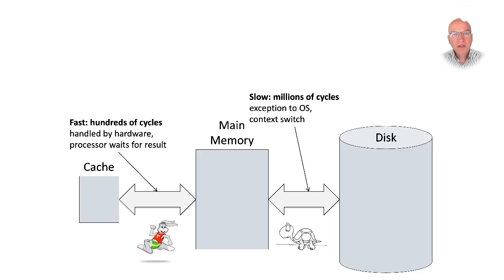A context switch means that the program that's currently running will stop running, and another program will be scheduled to run at that time. So the operating system will put the current program to sleep, while another program will come in to run. So you may ask, well, if the program that needs the page goes to sleep, who does the transfer between the disk and the memory?